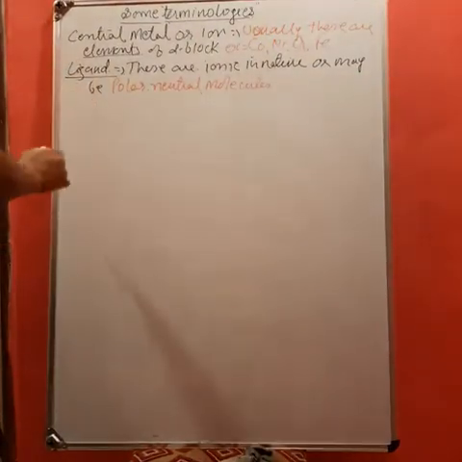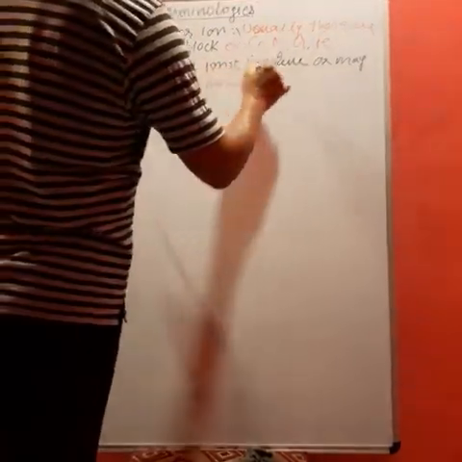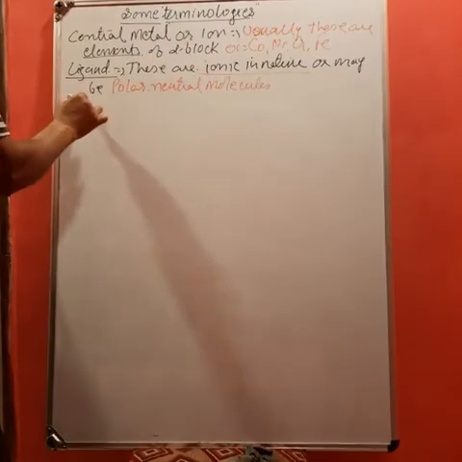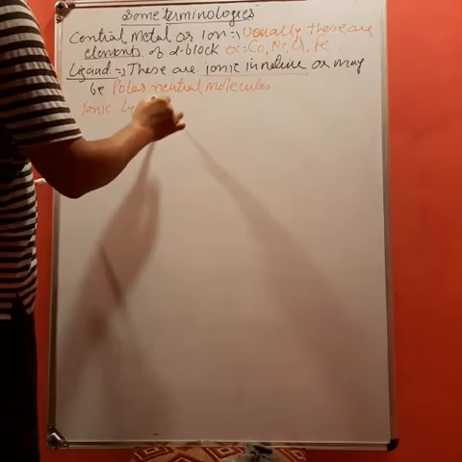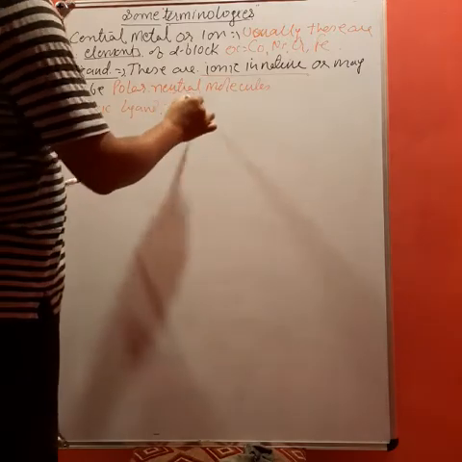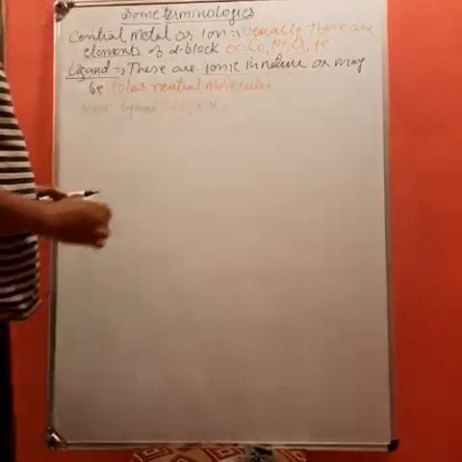If we think about the ligand, ionic ligands may be Cl anion or CN anion.